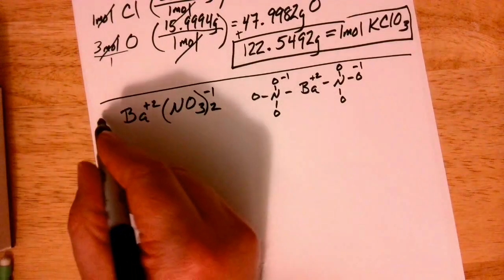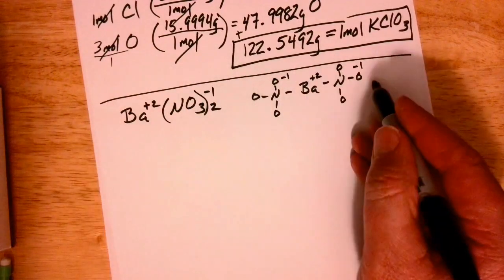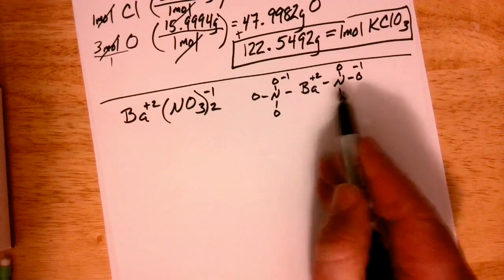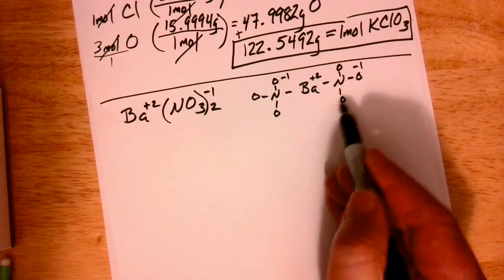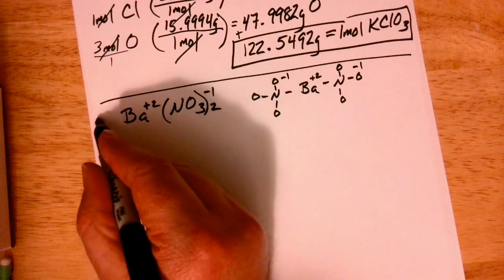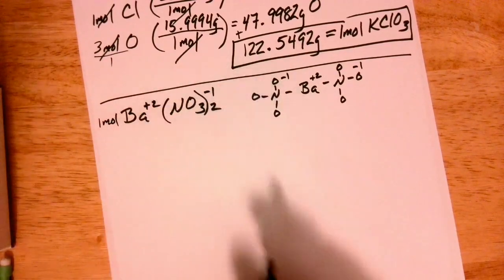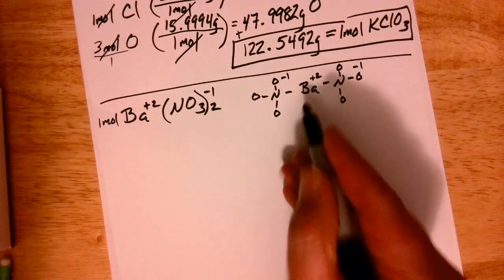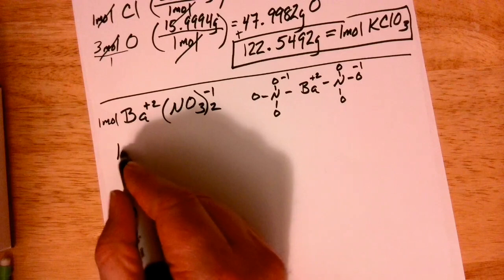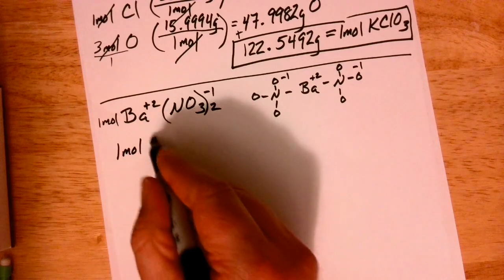Now, if I were to have a dozen of these, I would have 1 dozen bariums, I would have 2 dozen nitrogens, and I would have a total of 6 dozen oxygens. Now, if I have a mole of barium nitrate, I'm going to have 1 mole of barium. I'm going to write that down here. I have 1 mole of barium.